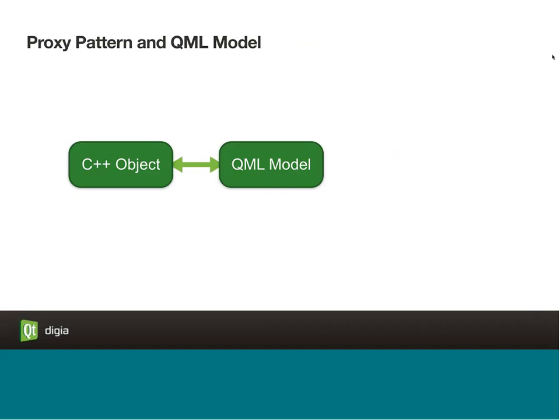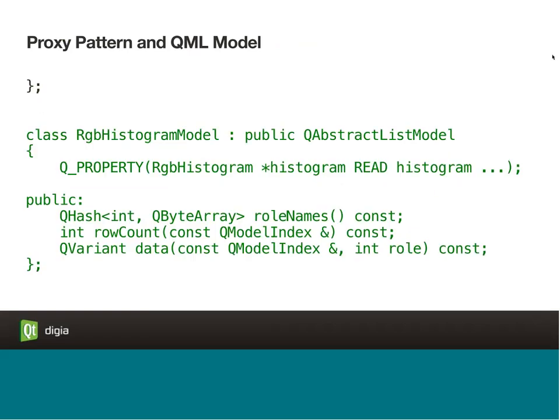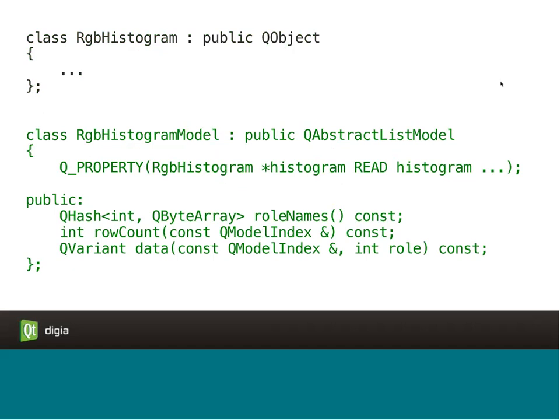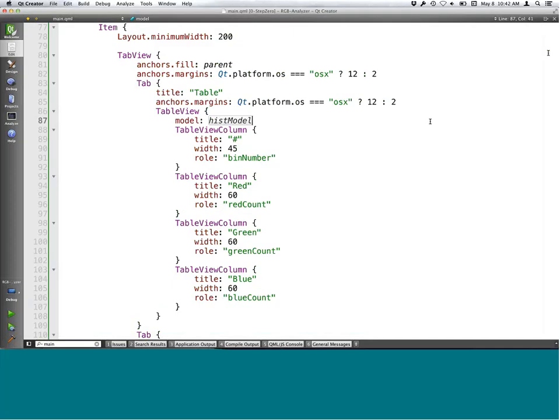And so once you have your table view, you can assign this directly to the model. API-wise, it looks like this. In C++, our RGB histogram is untouched, and we just add a new class. And this new class will have a property histogram that's going to refer to a histogram, and then we can implement what we want. So this is what we're going to do.